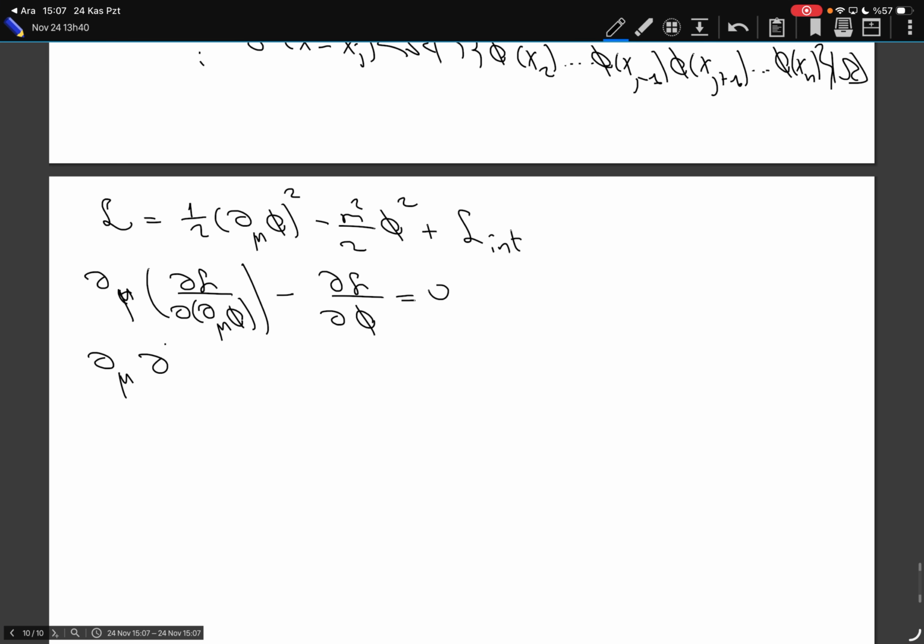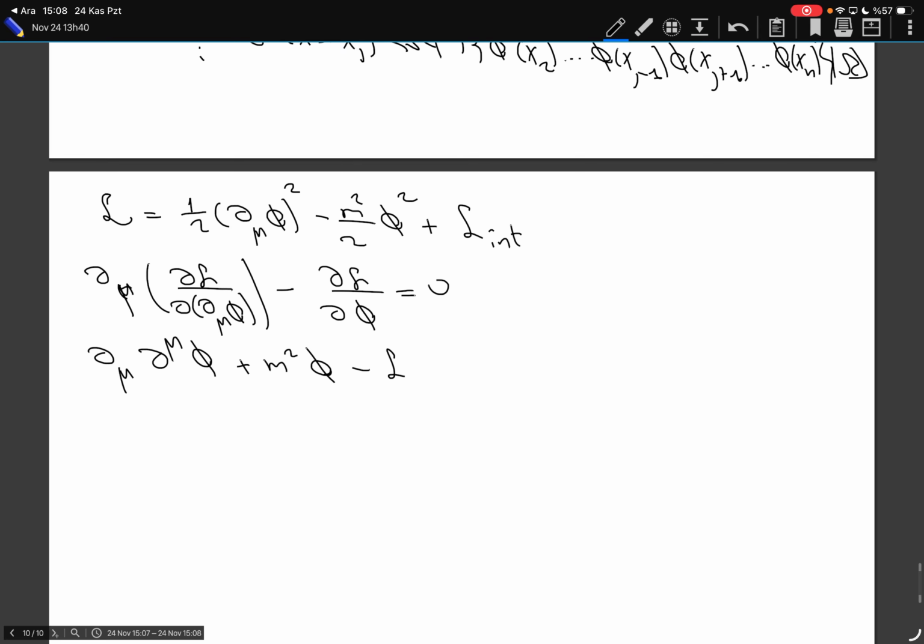times del mu phi. The second term will give me plus m squared phi plus or minus derivative of the interaction Lagrangian. But I will be assuming it depends only on phi.